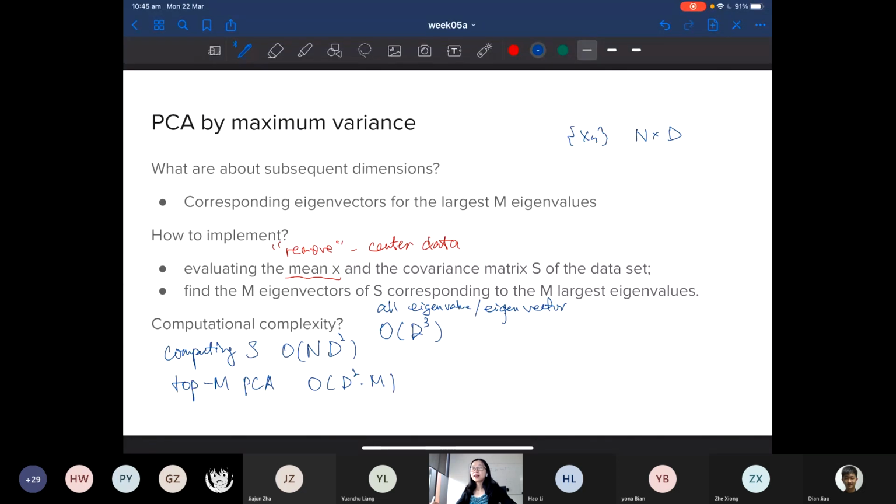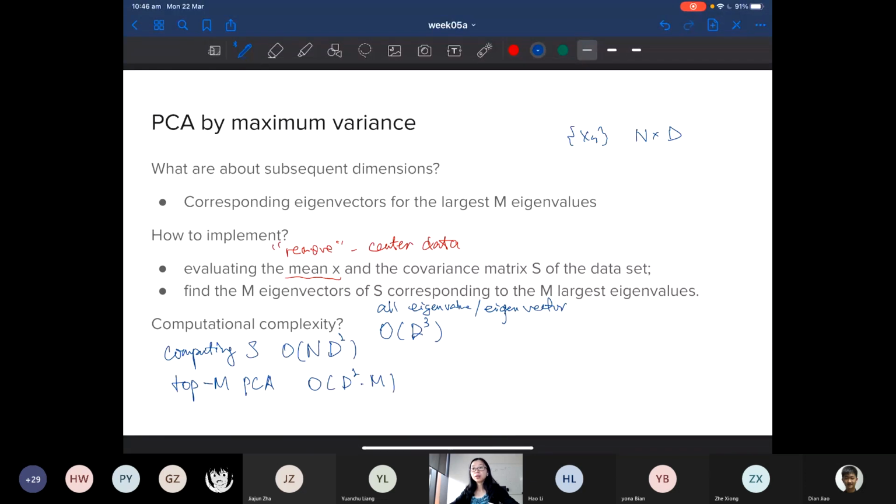But be careful if your data is 1,000,000 dimensions, or 10 million dimensions and you want to do PCA. That one more order of magnitude will make you wait a bit longer.